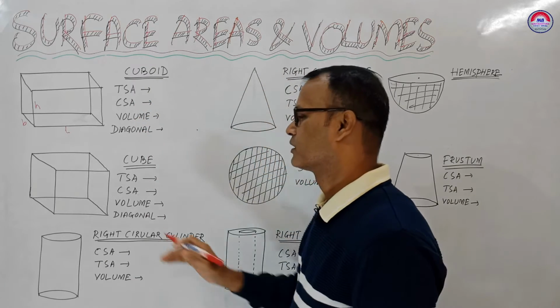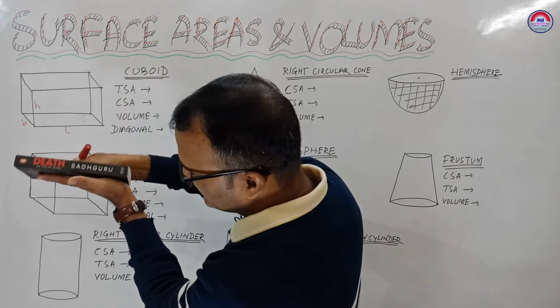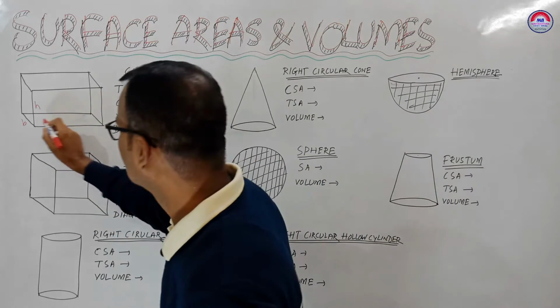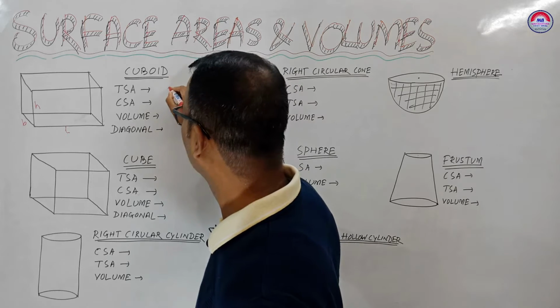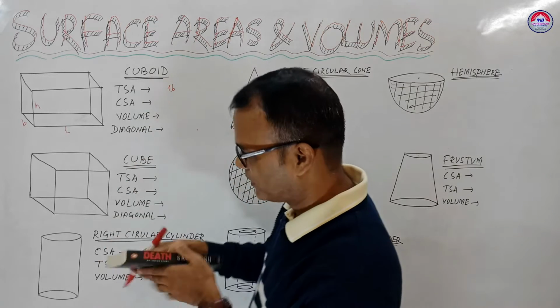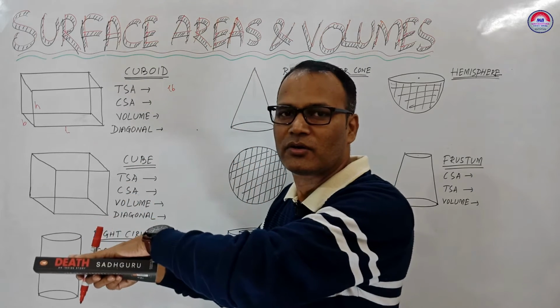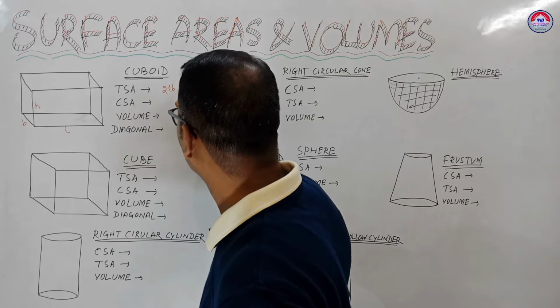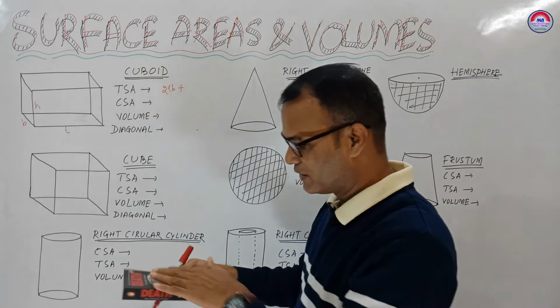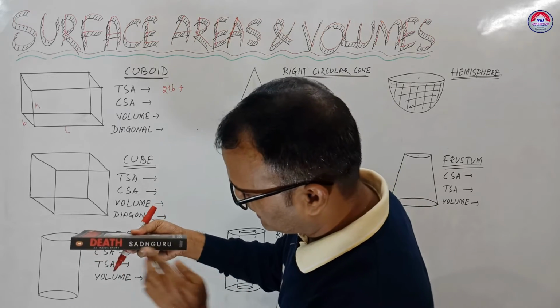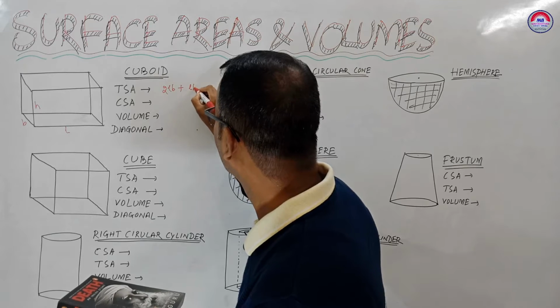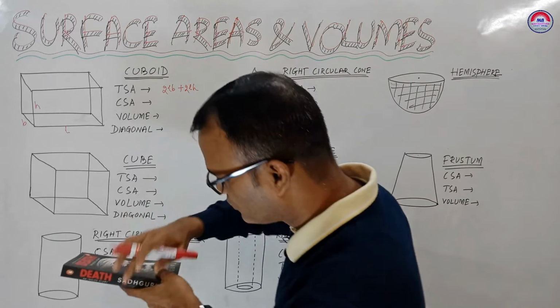How? This face area will be L into B, so this face is LB. Similarly, the upper face is also LB, so 2LB plus. This face has L and H, so we can write 2LH.